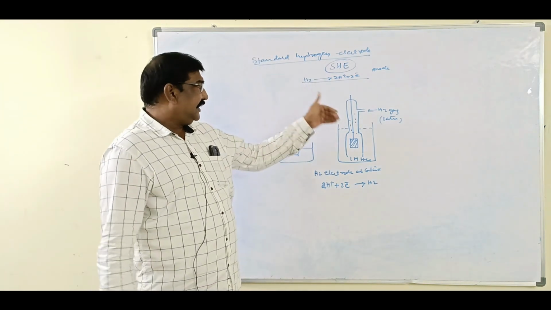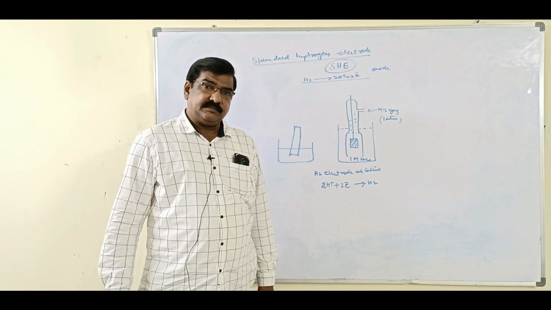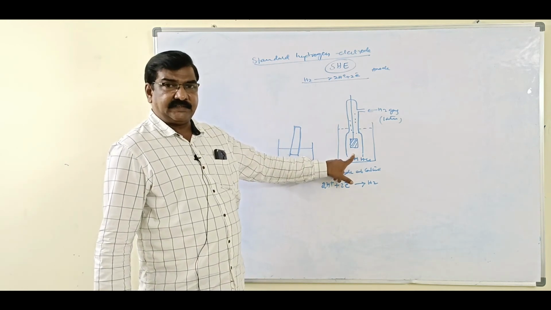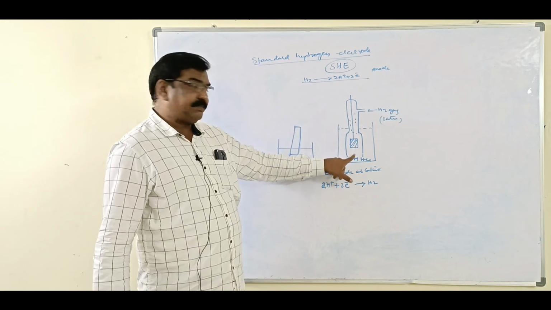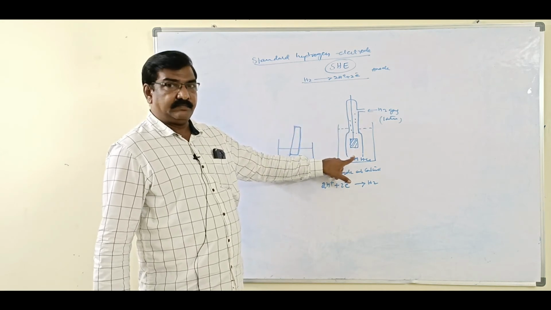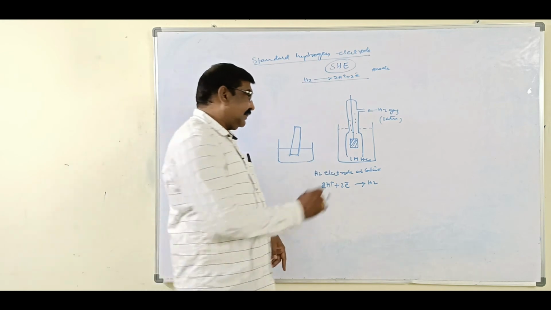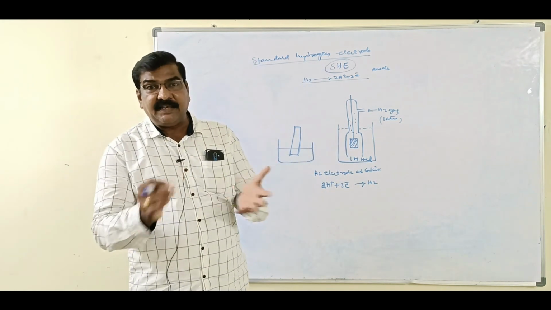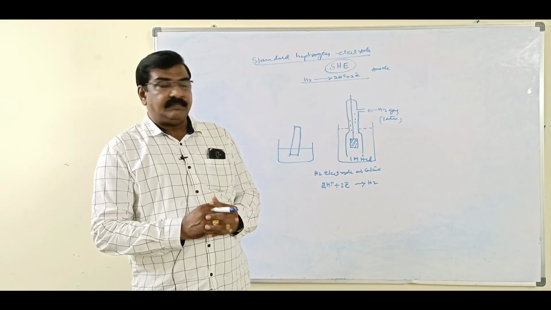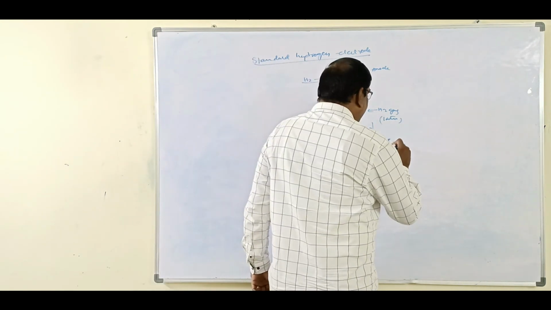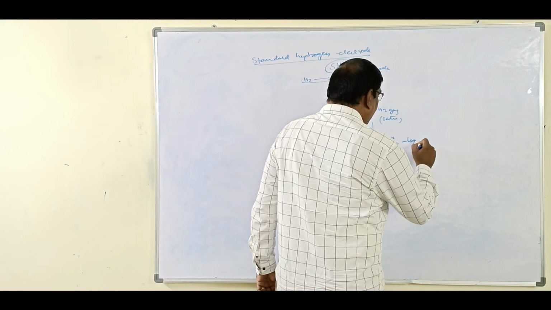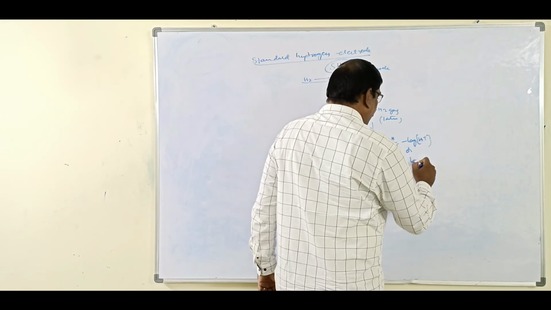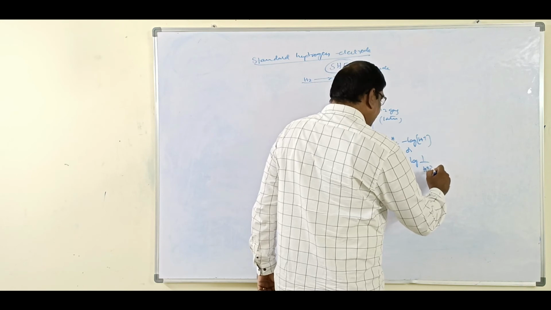When hydrogen electrode acts as anode, the H plus ion concentration in HCl solution increases and H2 gas pressure decreases. When H plus ion concentration increases, pH decreases, because pH is equal to minus log H plus concentration, or log 1 by H plus ion concentration.